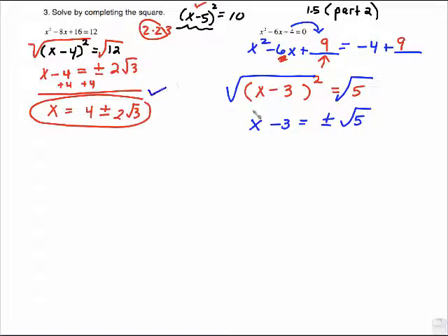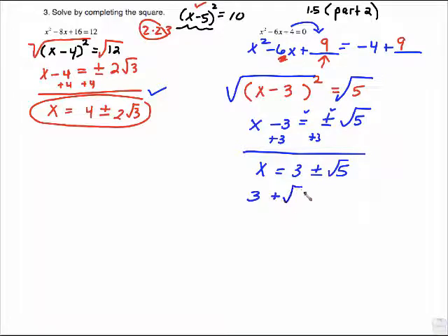Unlike this one over here, there is no factor treeing I can do. All I need to do is finish this by adding 3 to both sides. Remember to squeeze it between the equal sign and the plus or minus. So we end up with x equals 3 plus or minus the square root of 5. And remember, MyMathLab will expect you to write it as 3 plus radical 5, comma 3 minus radical 5.